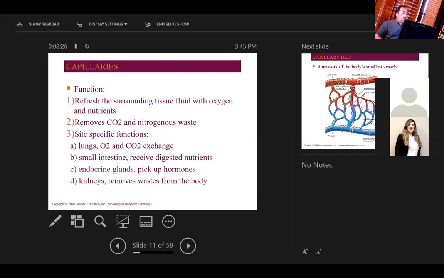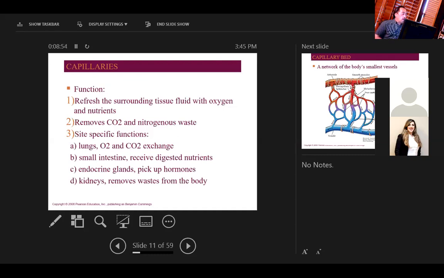The capillary's function is to supply the tissue fluid with oxygen and nutrients. It will refresh the tissue fluid, because around the matrix of your tissue, the oxygen and nutrients need to be replenished. They remove carbon dioxide and nitrogenous waste.